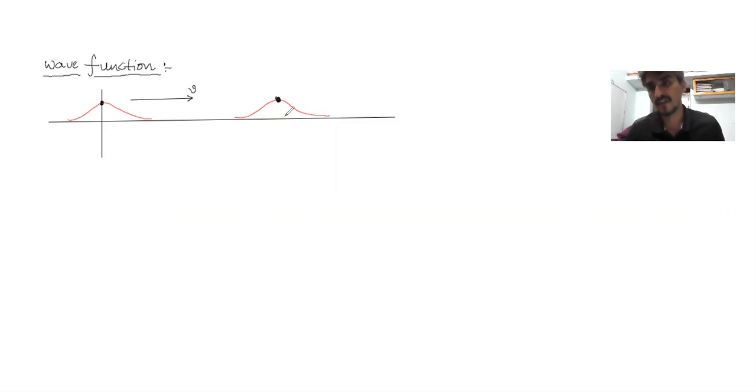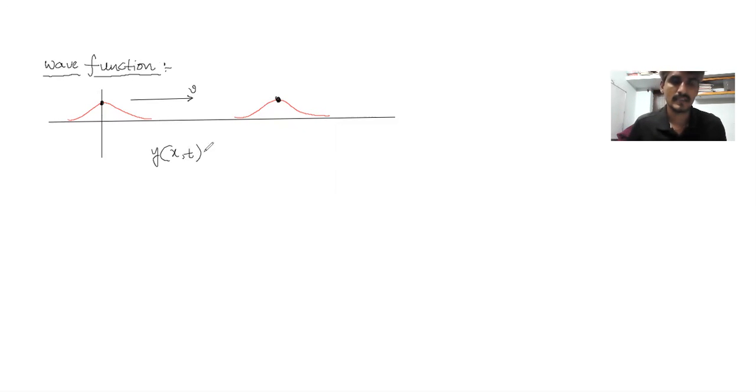Assume that it is v into t. The distance from this position to this position is v into t. See here, how do we represent this total wave motion, or motion of the pulse? By taking the displacement function, that is y is equal to y of x comma t. We have to represent this with y of x comma t.